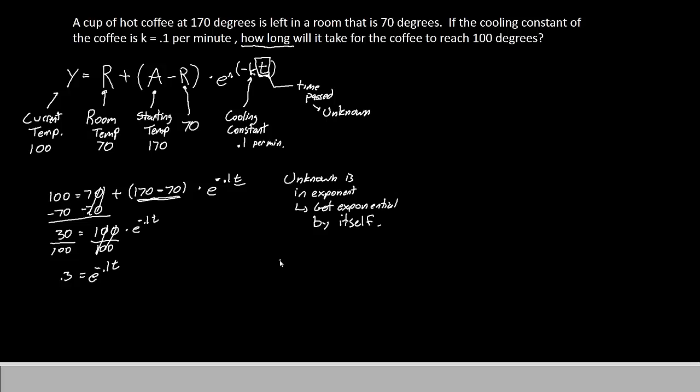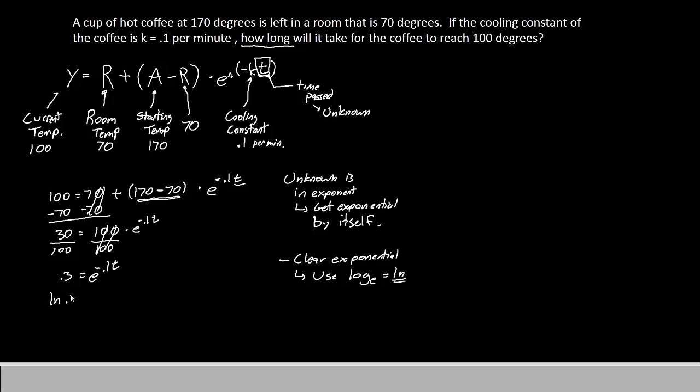Now, what we need to do is clear the exponential. And to clear an exponential, we are going to have to use some kind of logarithm. So to solve this, we need to use log base e, which is the same thing as ln, or natural log. So let's take natural log on both sides.